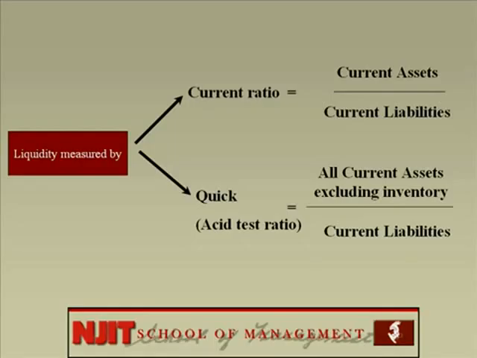Now this is very important. For current ratio, the cutoff is 2. If a company has 2 or over, it passes the test. Obviously, the higher the better.